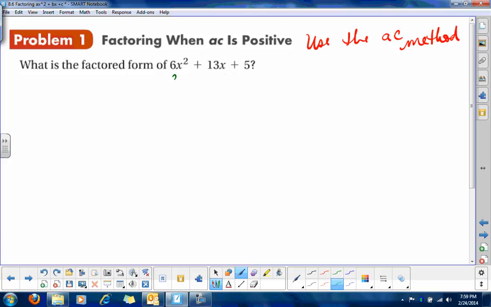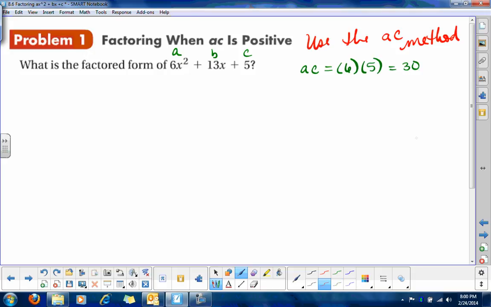We've got A x squared plus bx plus c. Okay, so when we use the AC method, we're going to multiply A times C. So we're going to multiply 6 times 5, which is 30.